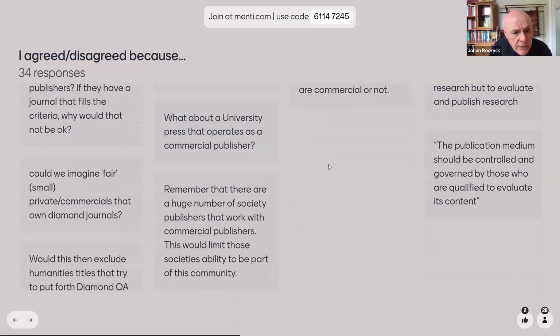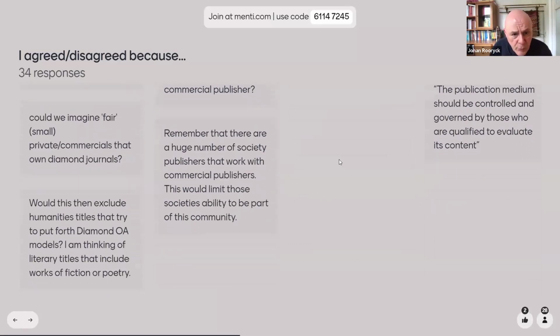Yeah, I mean, I'm looking at some of the other comments. Of course, there are a number of society publishers that work with societies that work with commercial publishers, but there is a variety of situations there that we know, right? I mean, in many cases, the societies own the title, and in that case, there is absolutely no problem if they own the title and in addition pay for the publication so that it's open for all authors and readers, then there is no problem.